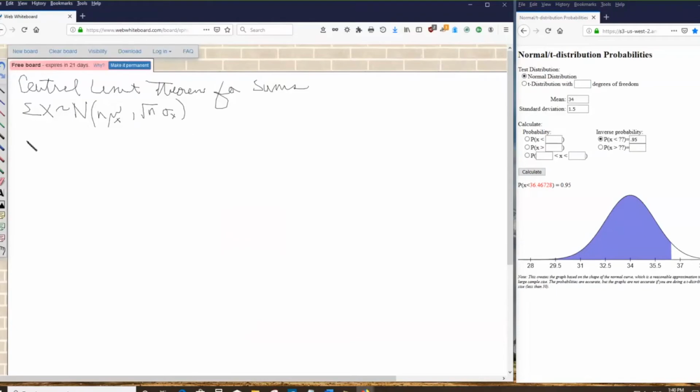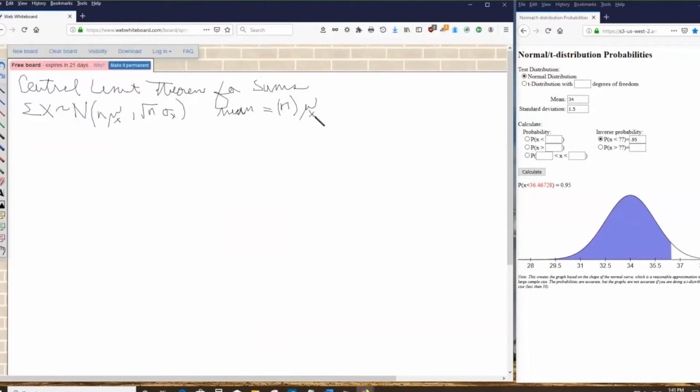So let's write these formulas out a little bit. The mean for the sum is going to be n, which is the sample size, times the mean of the original distribution.